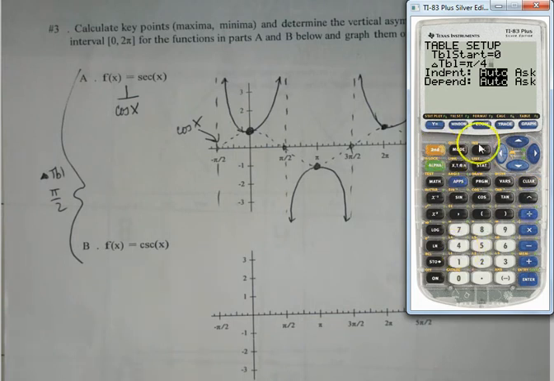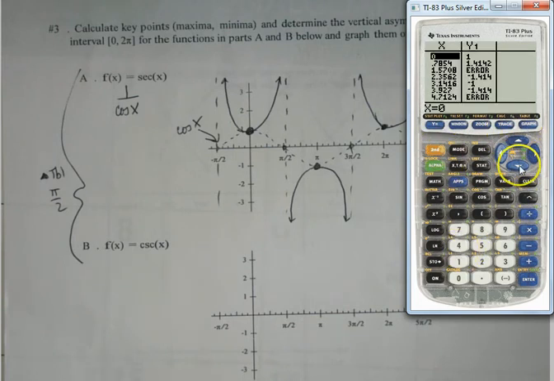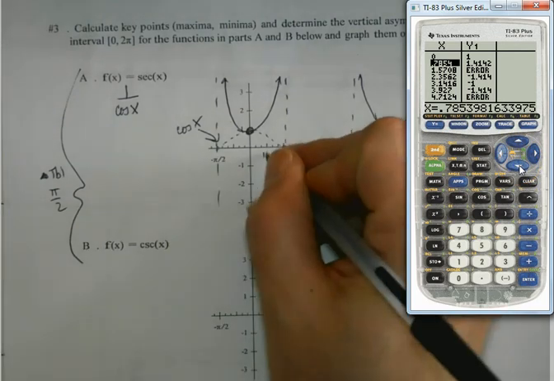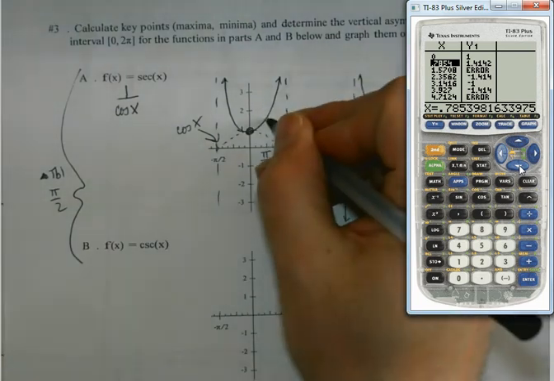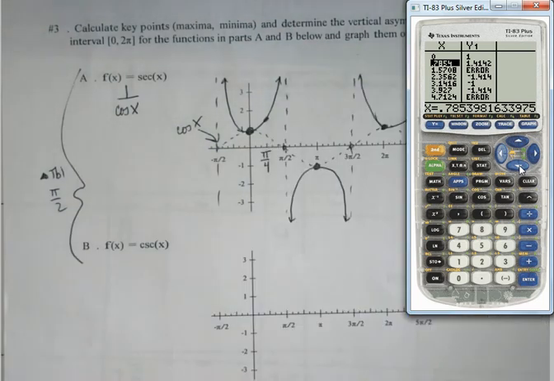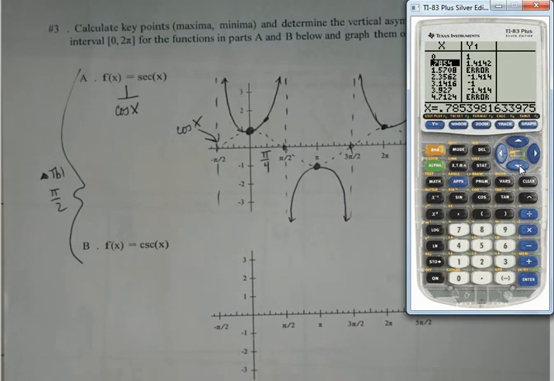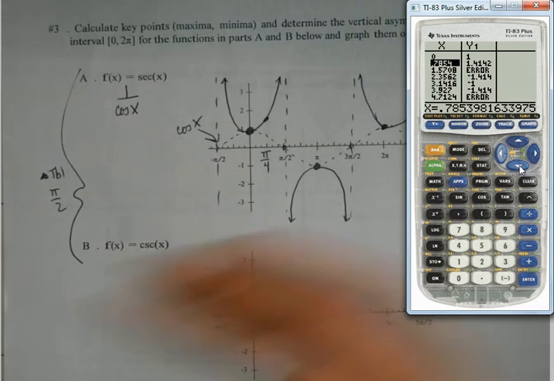Pi over 2 and pi over 4 are always going to be the places where we get the best values. So if I wanted to, for instance, at pi over 4, we'll see if some of you have been seeing values enough yet to see this. Anybody have an idea on what that 1.4142 is as a radical?